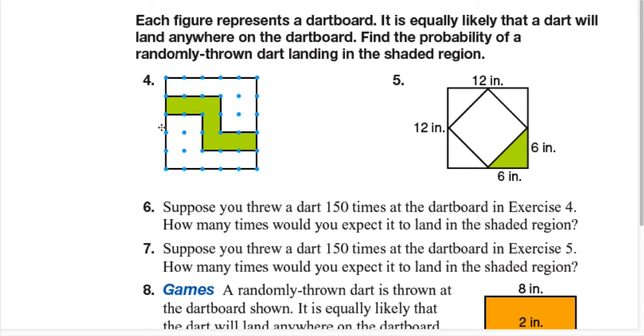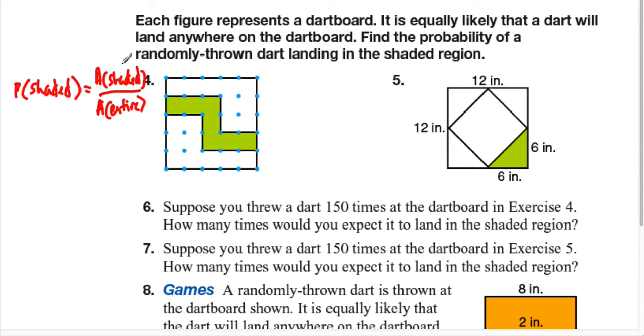Let's take a look at this as guided practice if you want to follow along. Each figure represents a dartboard. It is equally likely that a dart will land anywhere on the dartboard. Find the probability of randomly thrown dart landing on the shaded region. So number 4 is what we talked about. The formula would be the probability of it landing in the shaded region will be equal to the area of the shaded region over the area of the entire target.